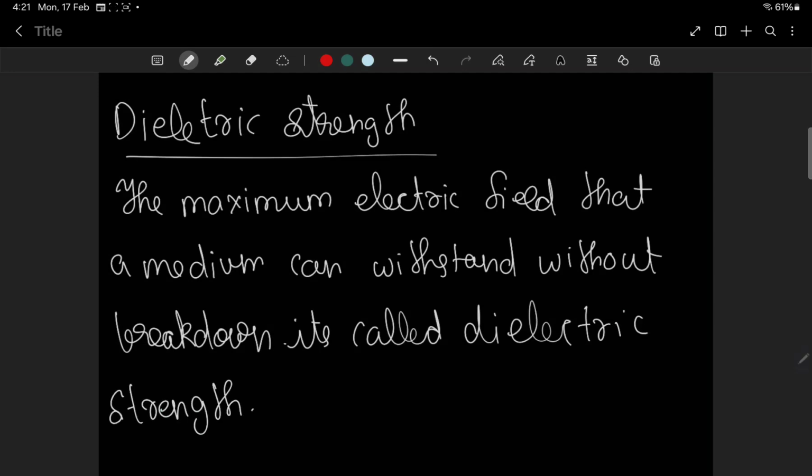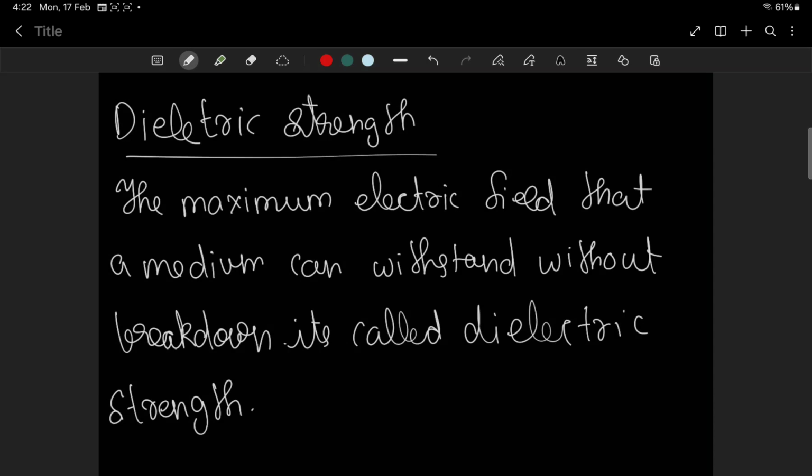Just learn the definition and keep it. Dielectric strength really means that if we pass a lot of electric field through air, it will ionize. If ionization happens, it changes the electric field and the medium breaks down. So what is the dielectric strength of a medium?